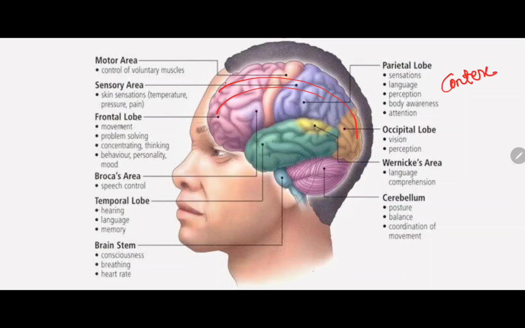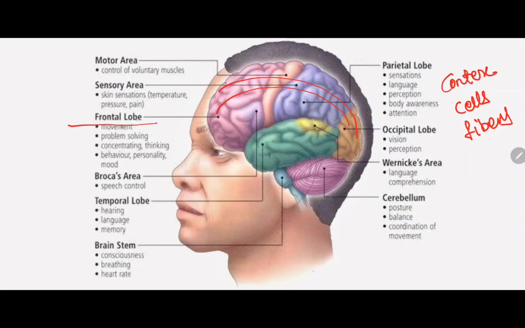This cortex contains millions of cells and it also contains fibers. So what do these cells and fibers do? They actually send messages to other brain areas. Now, this cortex is divided into several regions according to their functions.